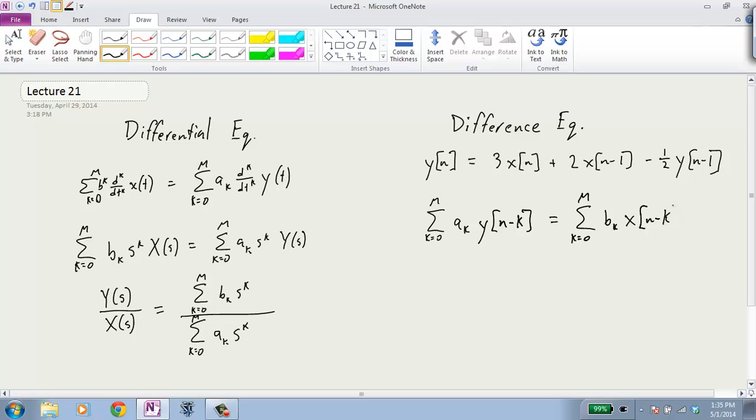So we could rearrange these constant coefficient difference equations into this form. And then we would get the same type of thing, because if we take the z transform here, by linearity, we bring it right in, and delays in the z transform just become z to the negative k.